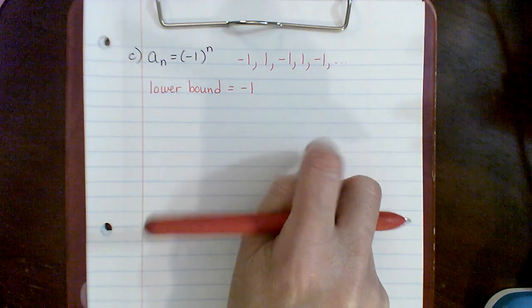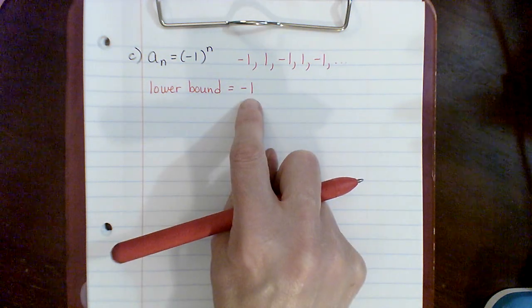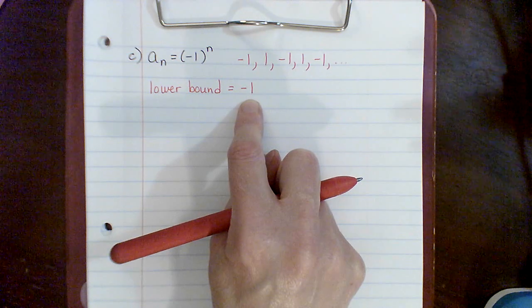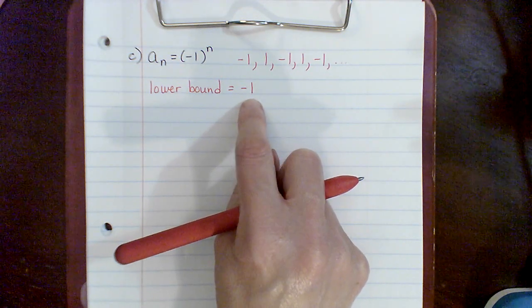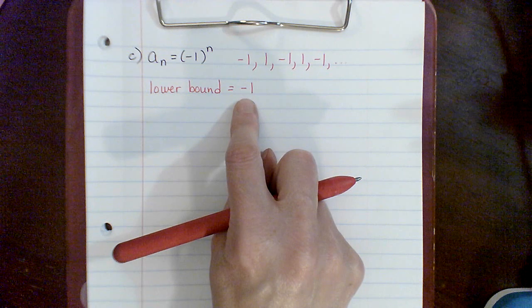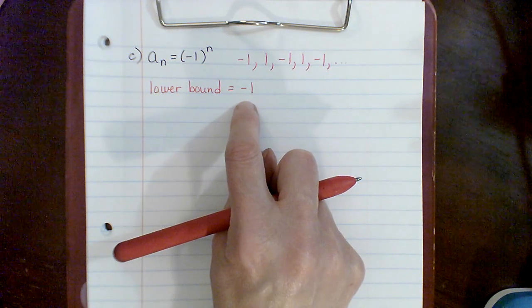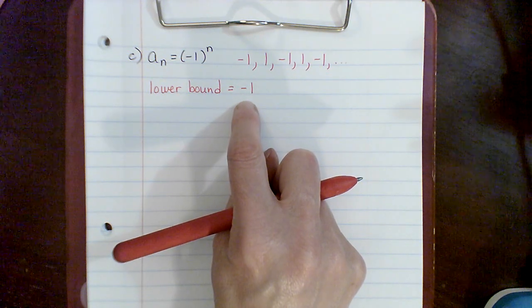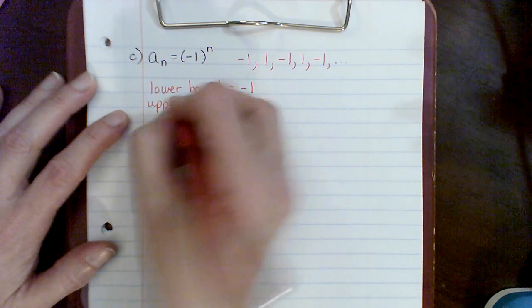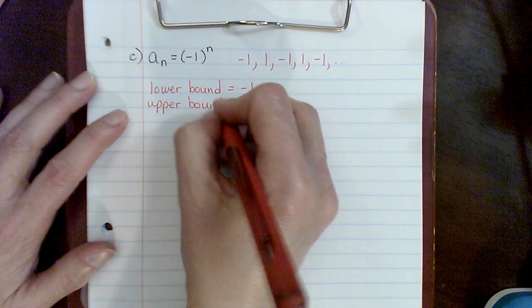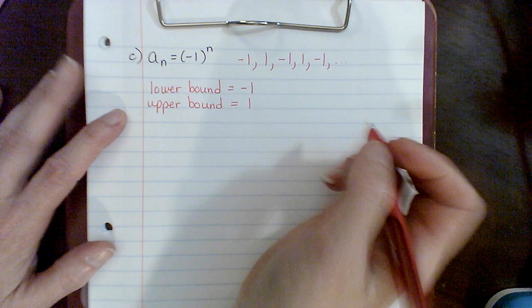We actually have things called a greatest lower bound and a least upper bound, kind of like your least common denominator. So you would be just as correct if you said -2 or -5. It also has an upper bound of 1. So this sequence is bounded.